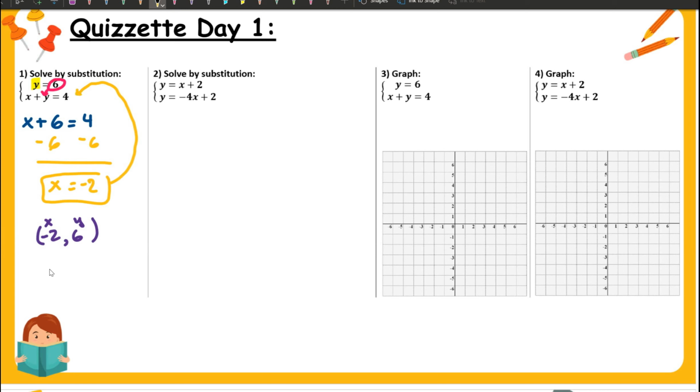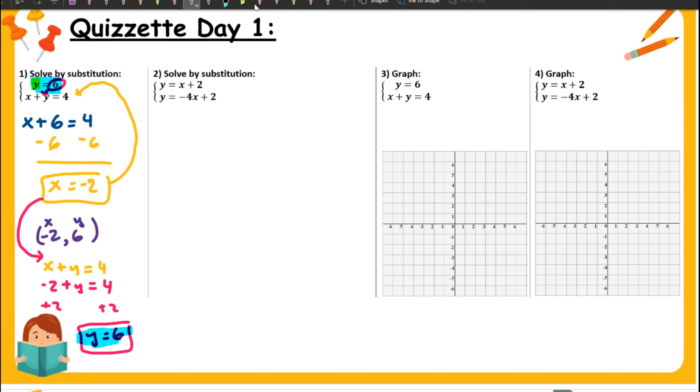Let's say you plug into the second equation, x plus y equal to 4, where x is -2, so -2 plus y equal to 4. Then add 2 to both sides. You will see that y is also equal to 6. In this case you don't have to plug in because it's already given to you from the beginning, y equal to 6.